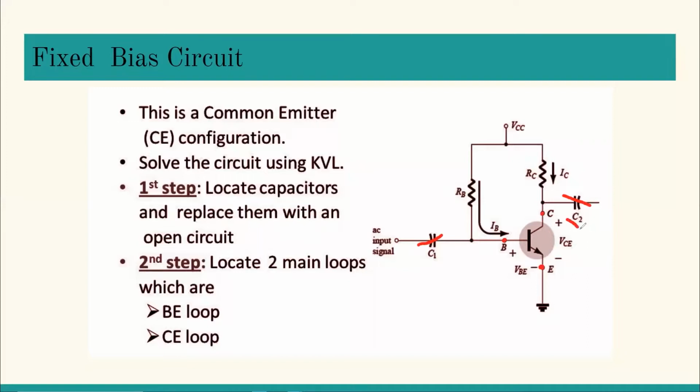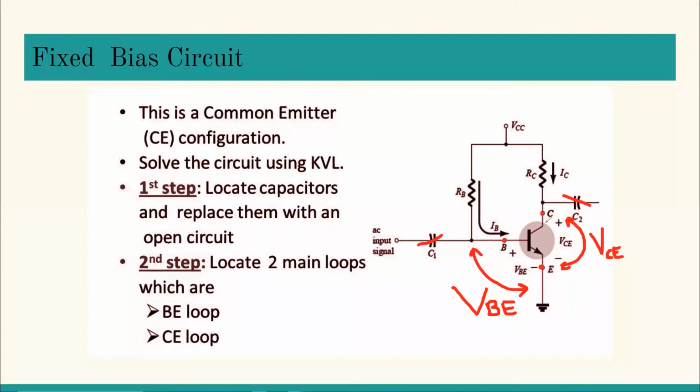The voltage between collector and emitter is VCE. This voltage, between base terminal and emitter terminal, is known as VBE. IB is the current through the base. IC is the current through the collector.